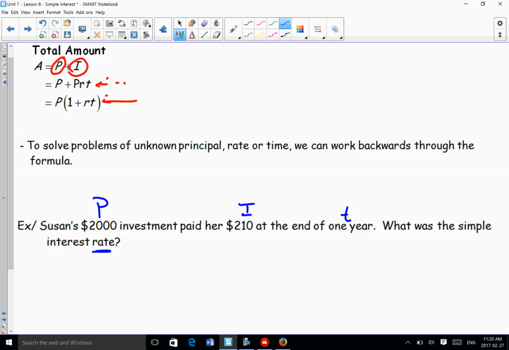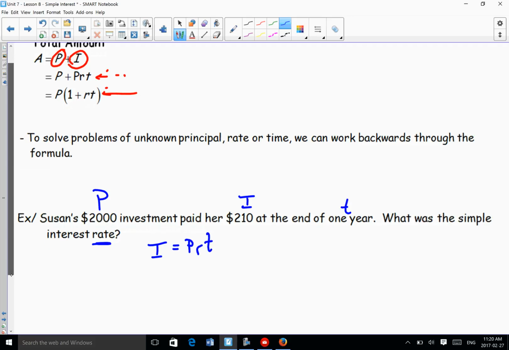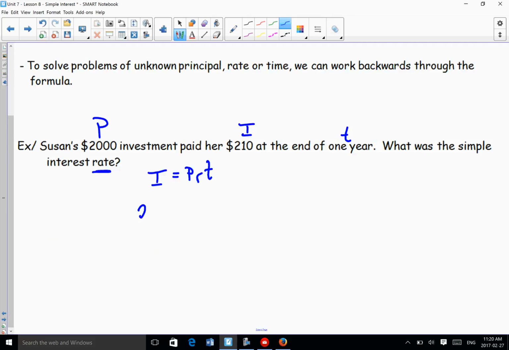We're looking for R. I know I can use this equation, I equals PRT, as long as I know 3 of the 4 things, which we do. We know our interest, we know our principal, we don't know our R, so we'll call it R. We do know our time was 1.